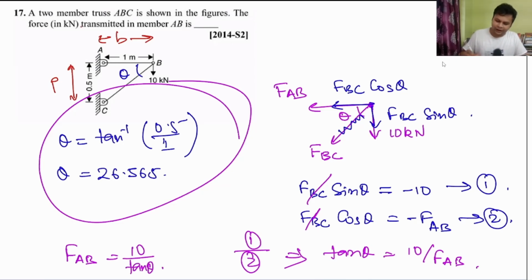And tan theta is 0.5 by 1, so 10 divided by 0.5 becomes 20. So the force AB is 20. Let me check if I have got the right answer. Yes, 20 kilonewton. Answer is equal to 20 kilonewton.